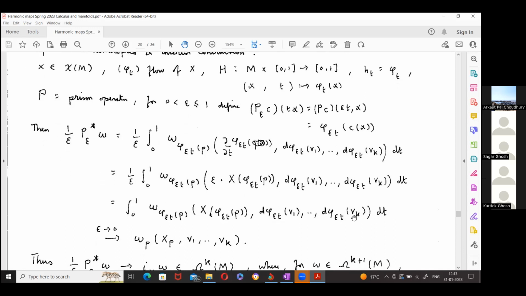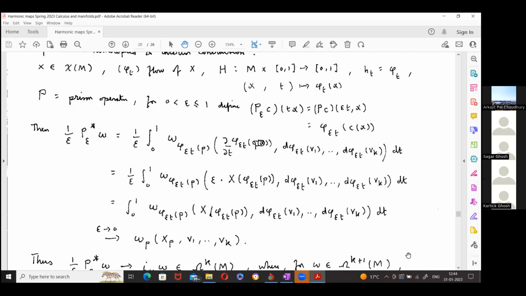Now as epsilon tends to 0, these d phi epsilon t's will converge to d phi 0, which is identity, and phi epsilon t goes to phi 0, identity. So the integrand will converge to a constant, omega at p applied to X_p, v1 to vk. So this integral will converge to this quantity.